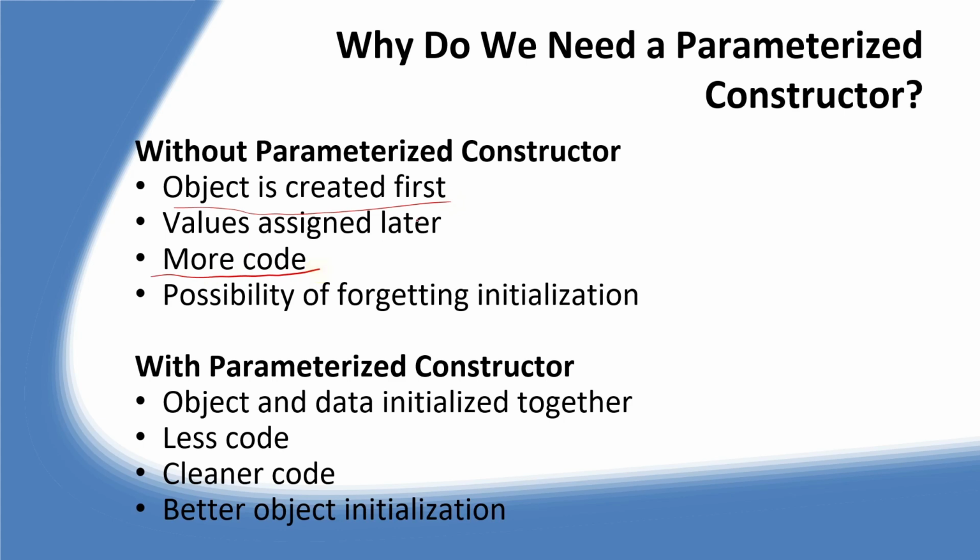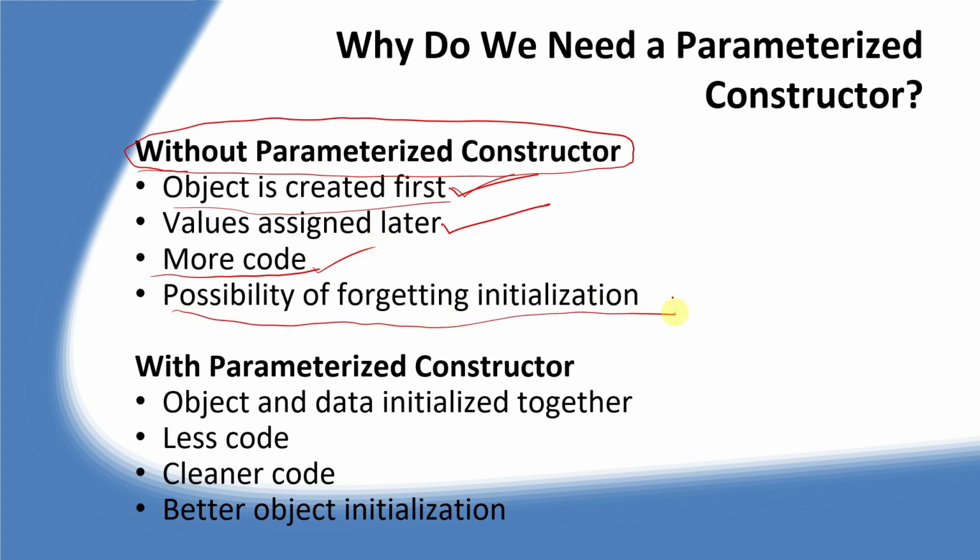Without using any parameterized constructor, how will we assign values to the properties of an object? The first step is to create an object, then we assign values after object creation. So more code will be there, and there is a possibility that after object creation we may forget to initialize.